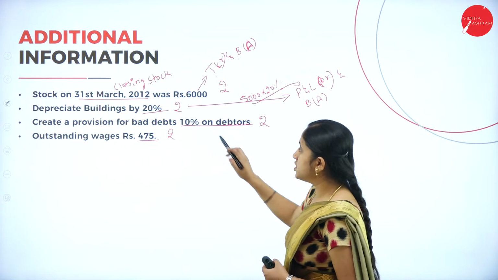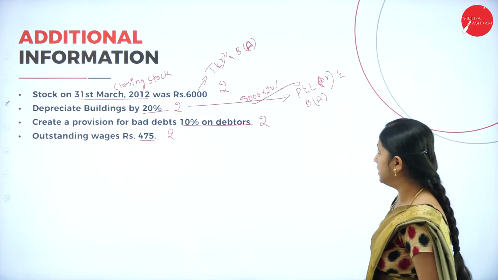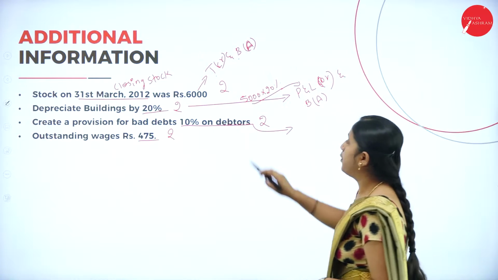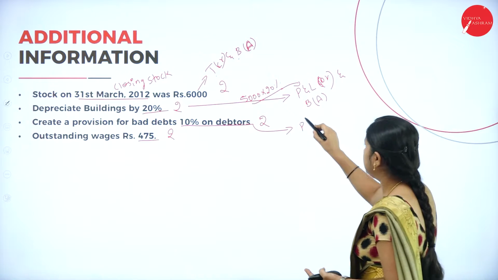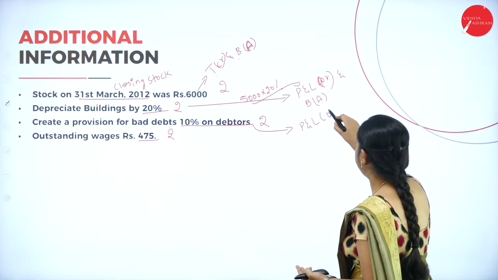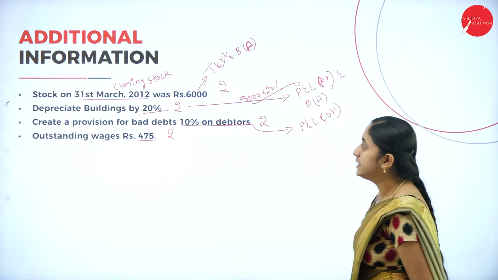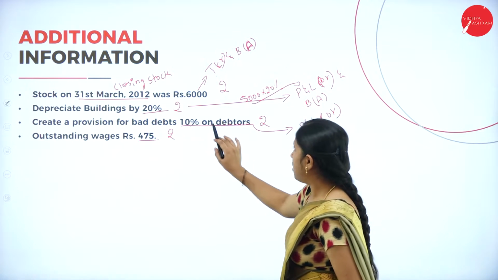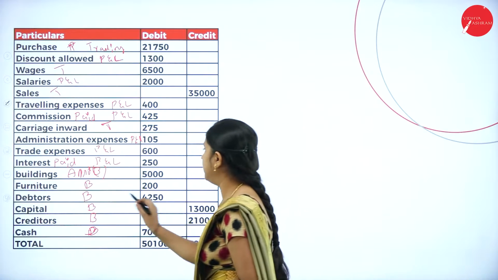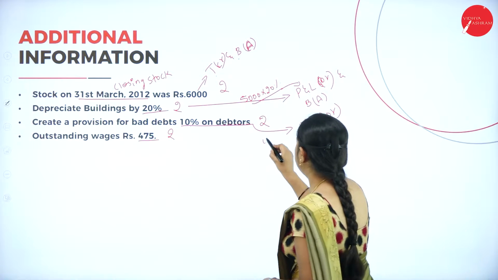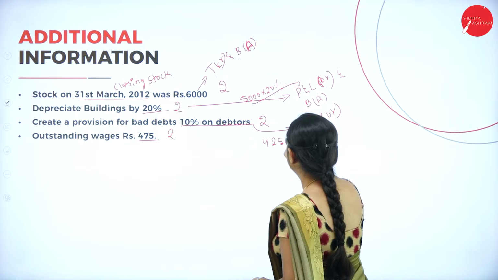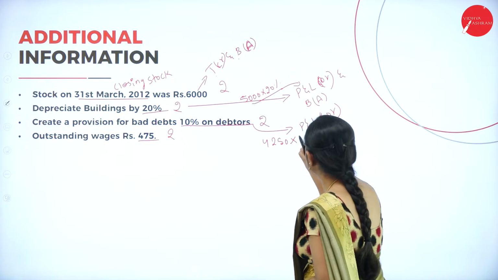Next, create provision for the bad debts, 10%. In the same way, provision for bad debts is an indirect expense. Once you will consider in the profit and loss account debit side. For the calculation, 10% on debtors. So, you will consider the debtors amount 4,250. 4,250 into 10%.